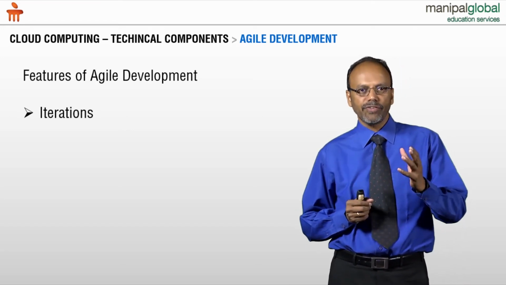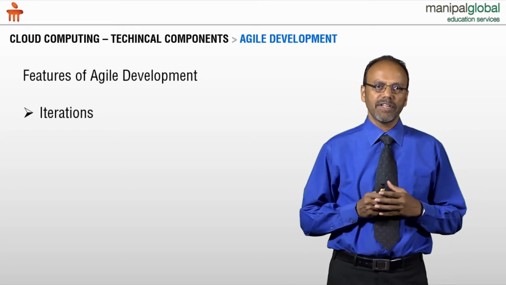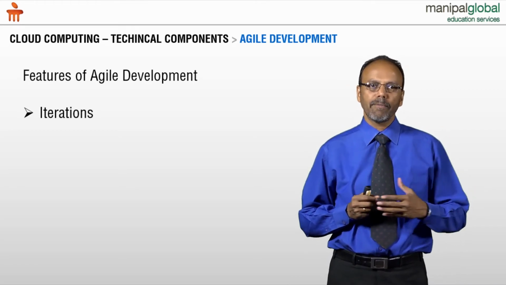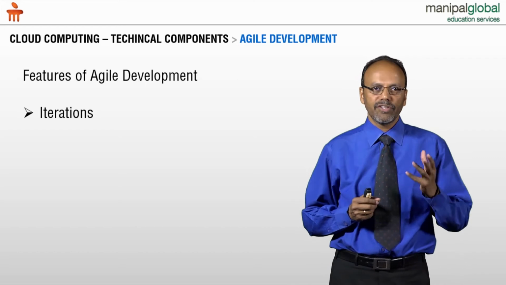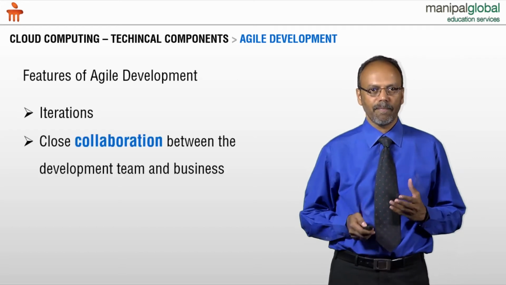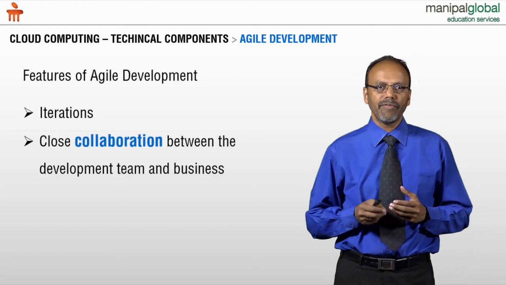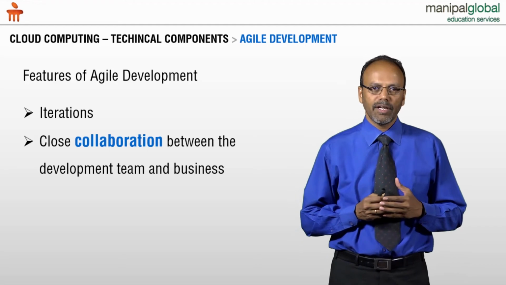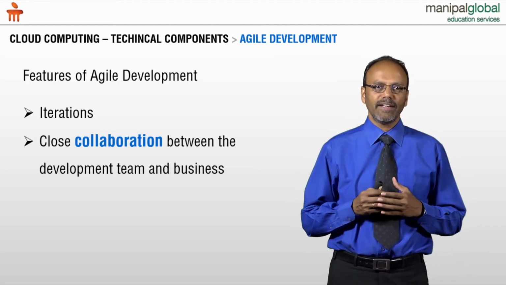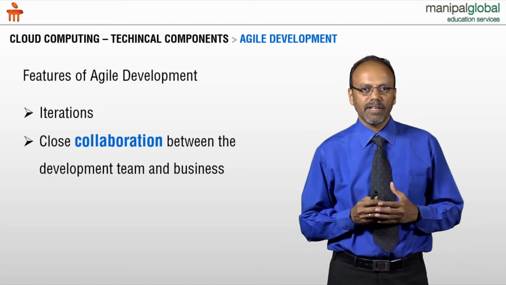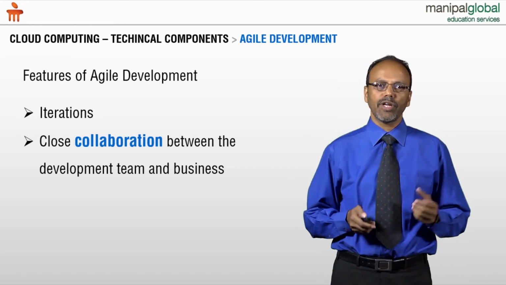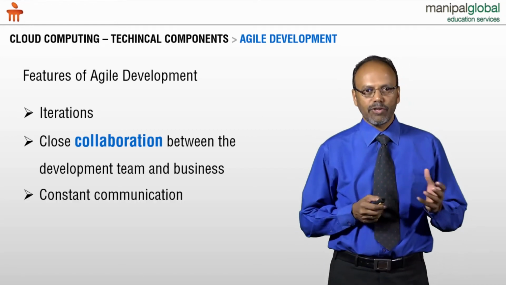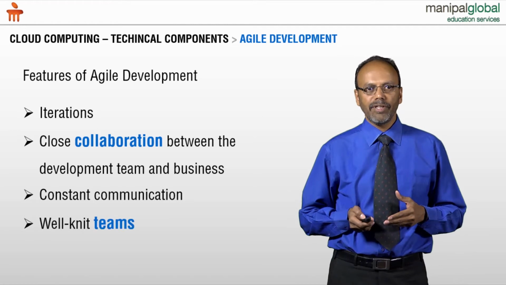When I say iterations, when a particular software is developed, it goes through the repetitive process of modification, changes and innovation. There is a close collaboration between the development team and business so as to very clearly understand the needs as well as translate these needs into the actual application software. There is a constant communication between the teams.